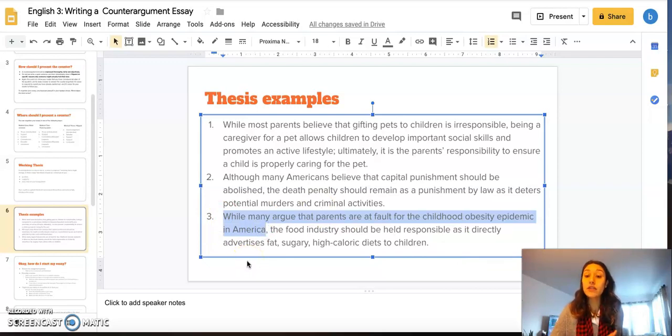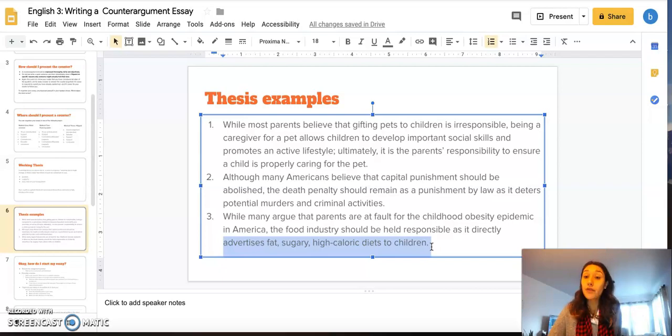Some people think it's actually the parents who are responsible for childhood obesity in the United States. However, the real issue is it's actually the food industry who should be held responsible. Why? Because, and here are the supports, it's advertising fat, sugary, high-caloric diets to children.